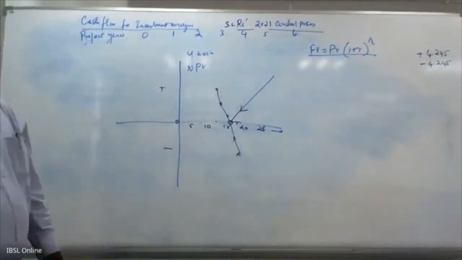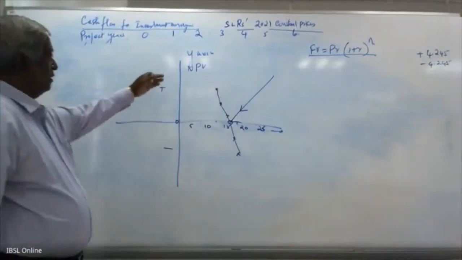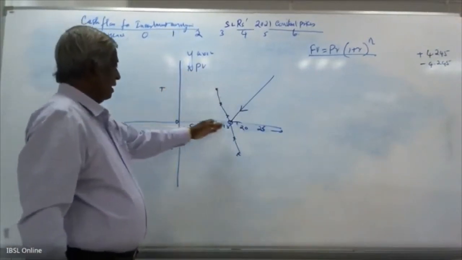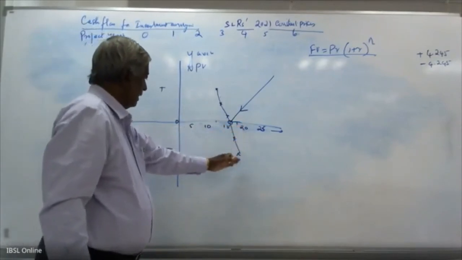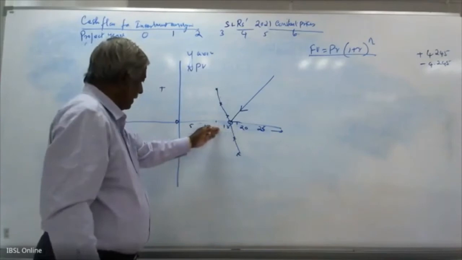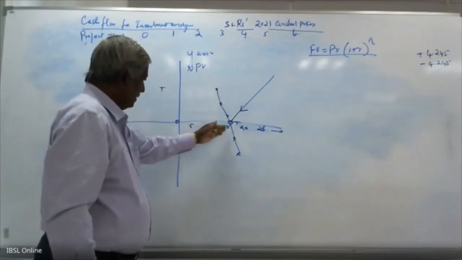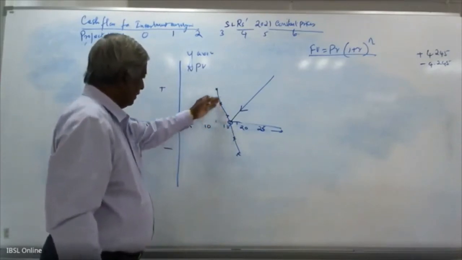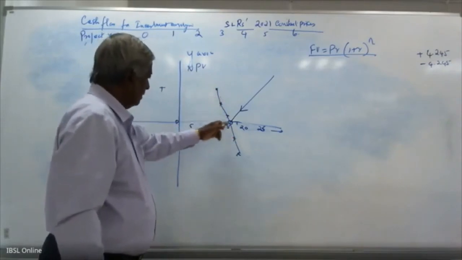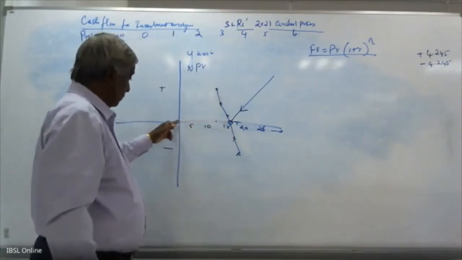Because when the discounting rate is higher, the NPV is negative. When you reduce the discounting rate or borrowing interest rate, the NPV becomes positive. So in between, at one point, the NPV may be 0.